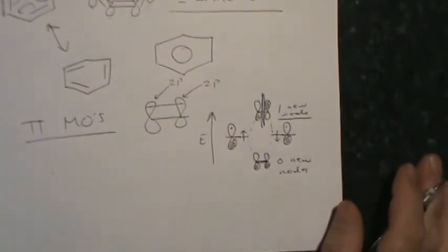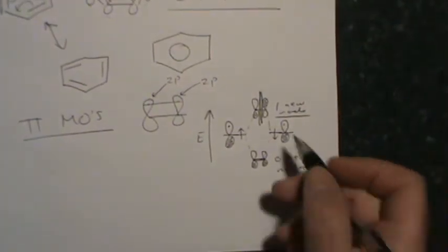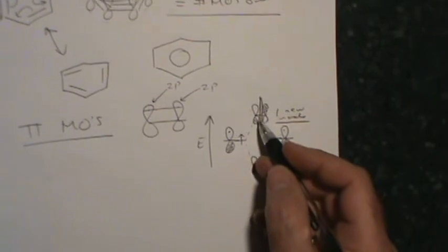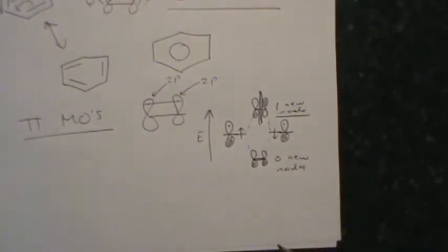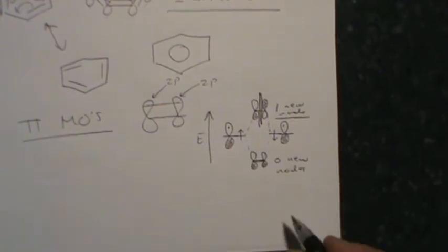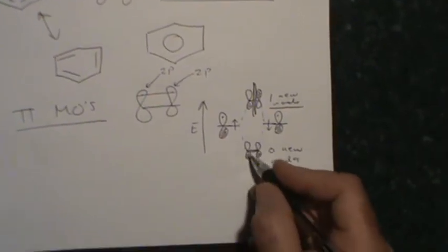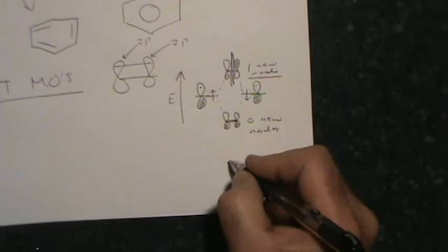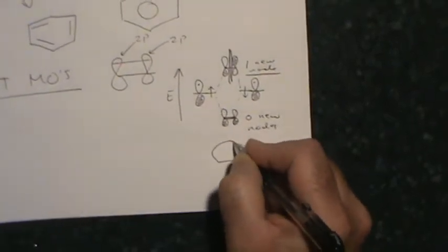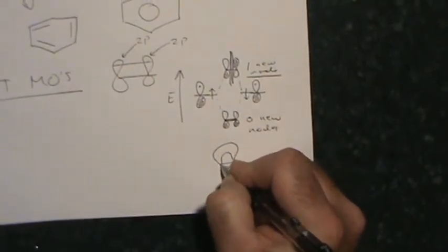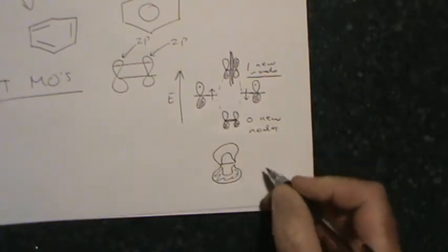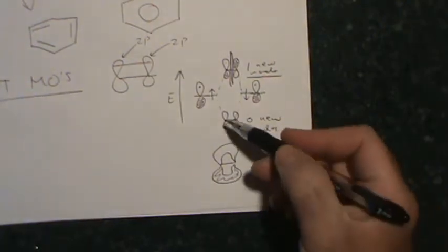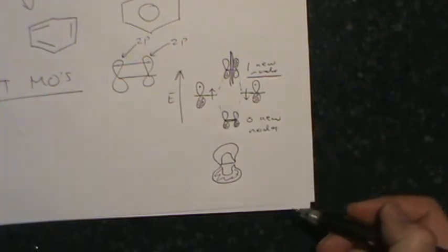A node is a site of zero electron density, and it means that there's not going to be any electron sharing between these two p orbitals, but these two down here, they only have bonding interactions. No anti-bonding interactions, no new nodes. I could redraw this pi molecular orbital in a way that shows that there's actually bonding going on, that there's sharing of electron density. So that would be another picture describing that situation up there.